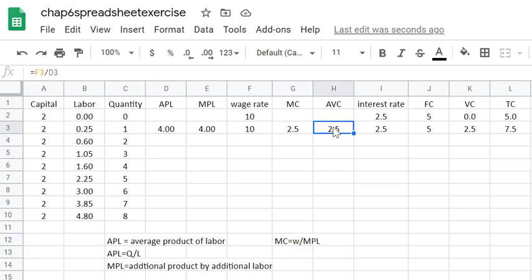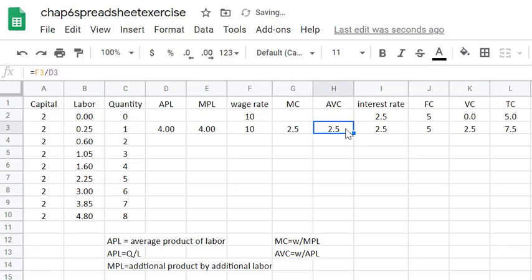Likewise, if you look at average variable cost, which is the variable cost, the total cost that varies, when you produce one output on average. Again, likewise, as you calculate marginal cost by this formula, you can also find average variable cost by applying W divided by average product of labor.